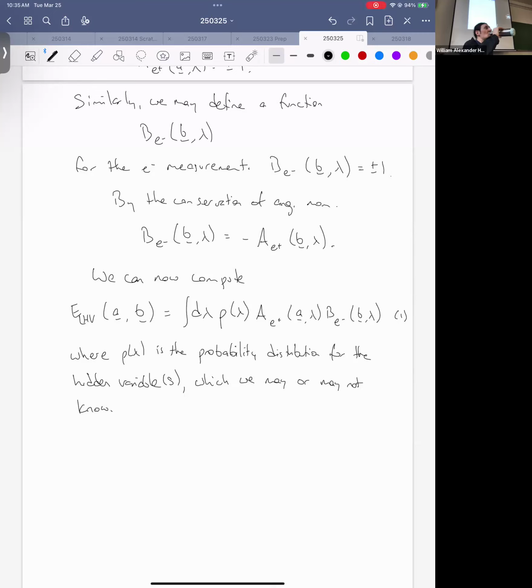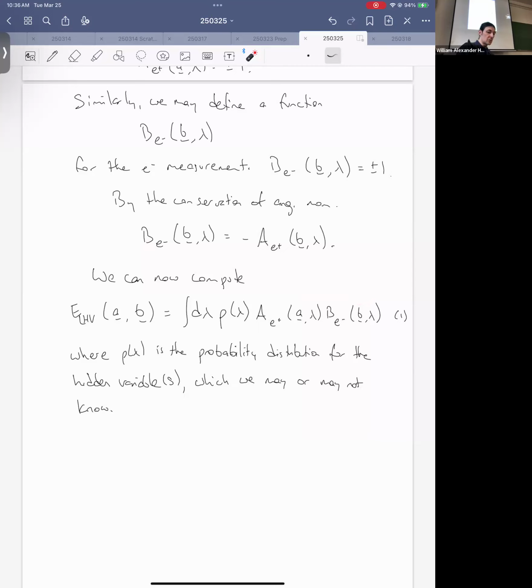Just by the fact that we assume that A is not a function of B, of the direction, and B is not a function of A. Okay, so you're saying we could imagine something more general where there's some B vector hanging out here and there's some A vector hanging out here.